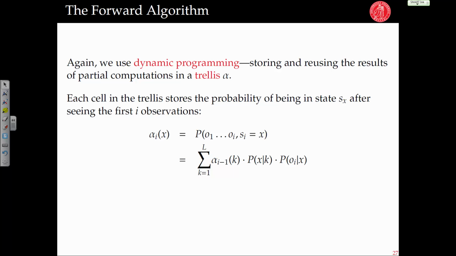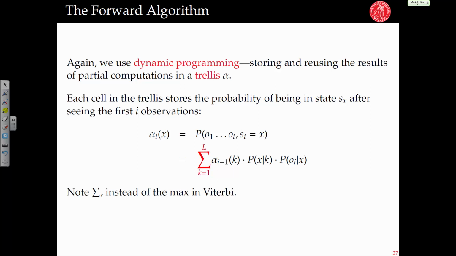If you remember how we computed the value of v_i of x, instead of this sigma sign, we had a max sign, right? We wanted to maximize the probability of being in state x at time point i. Now we want to sum the probabilities rather than just maximizing, rather than choosing one way and having a back pointer. We just want to sum all of these probabilities.